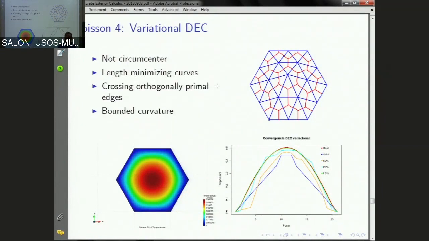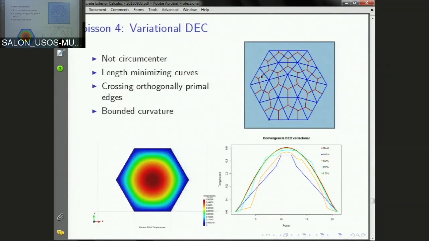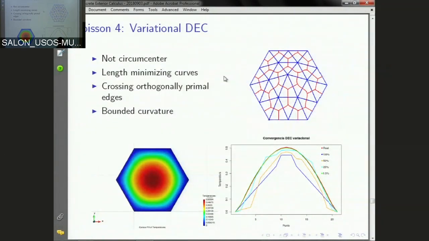Is there no chance of moving that meeting point, instead of being the circumcenter, being the incenter, the barycenter, or an arbitrary point, and joining them, those dual points, by curved edges? So this is what this graph shows here, a mesh which we have a simplicial complex. We have not considered circumcenter, we are considering probably the incenter or something.